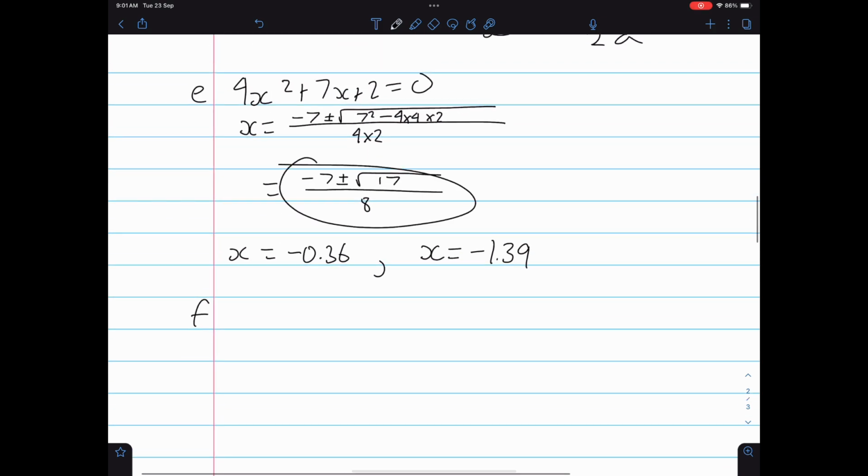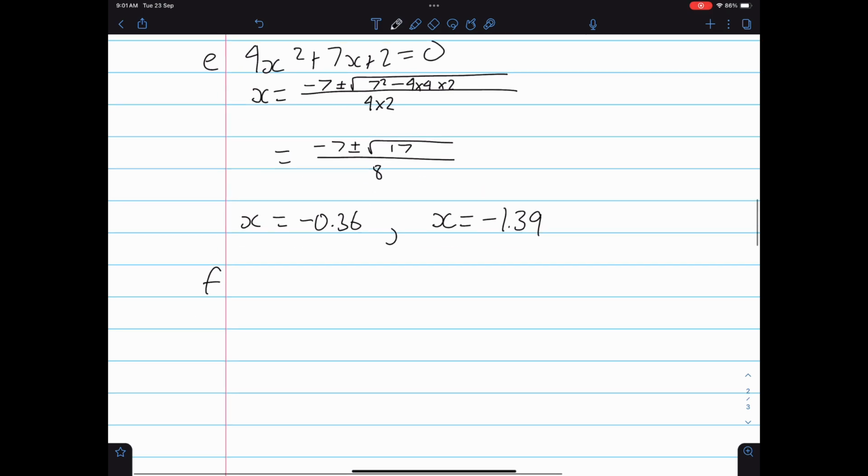And obviously it may ask us to leave it in surd form as well, but in this case it wants it to 2dp.